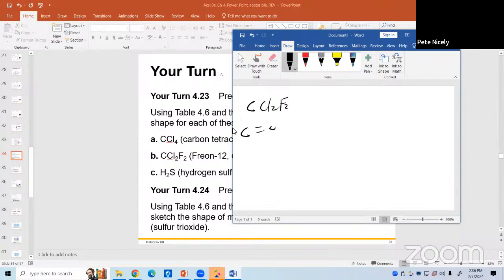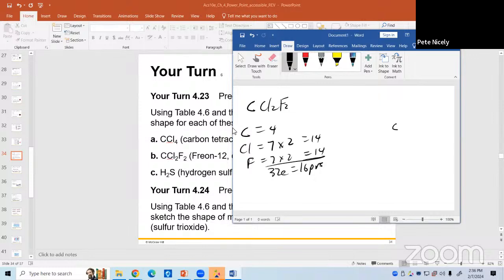Carbon would be 4, chlorine would be 7 multiplied by 2, fluorine would also be 7 multiplied by 2. So this is 14, this is 14. So 28 plus 4, that's 32 electrons, which would be equal to 16 pairs.